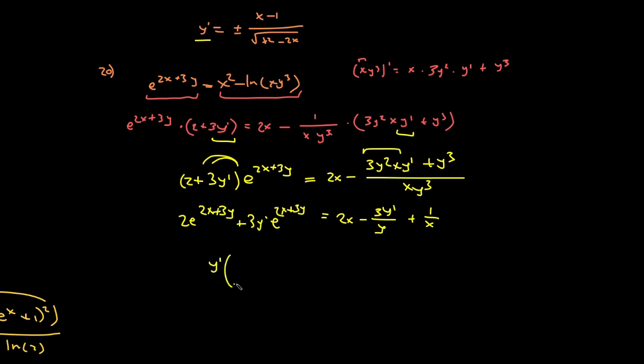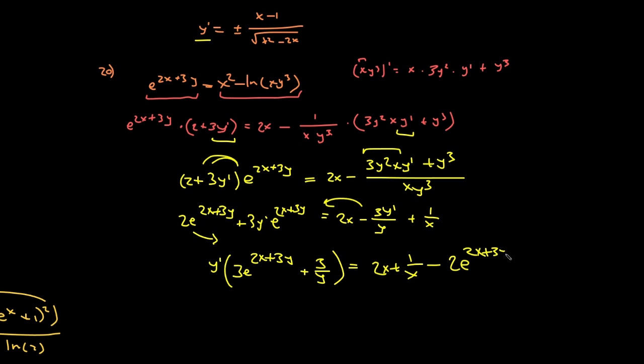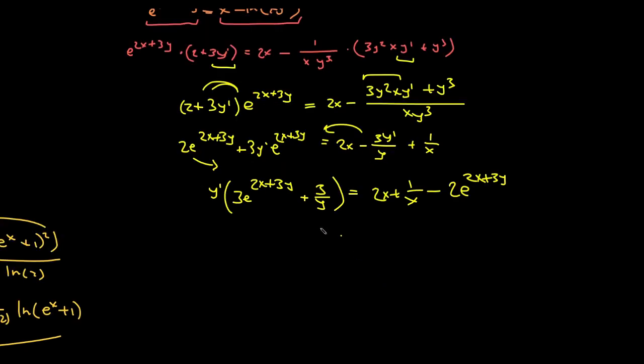So y prime times 3 times the exponential, and then I'll add y prime to both sides, I'll take that over there. Then it's going to be plus 3 divided by y, and I'll subtract off this term because it has no y prime in it. So that's 2 divided by x minus 2. And now I can divide out by this entire part to get y prime.